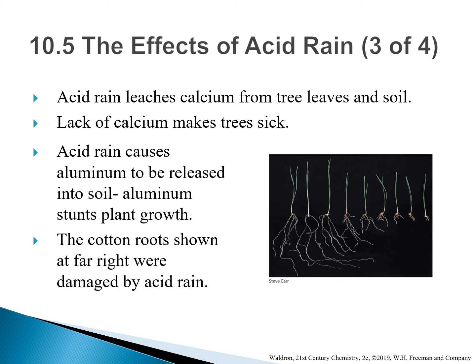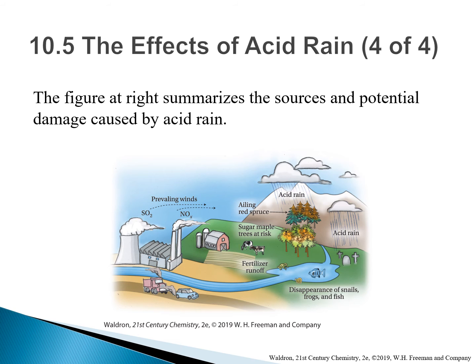Soils in the Midwestern states of Nebraska and Illinois are buffered. Those soils naturally contain compounds called buffers that react with excess acid in rain and reduce their effect on the forests grown in those soils. This figure summarizes the sources of acid rain and the effect of acid rain on our environment.